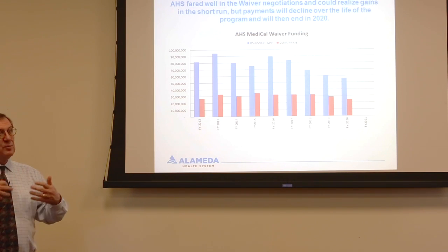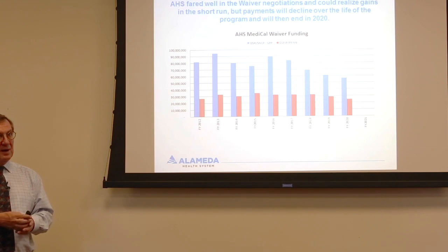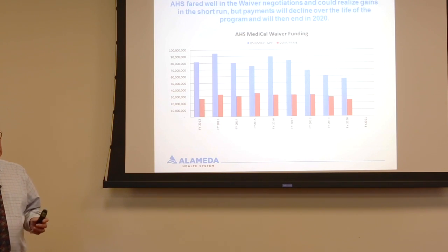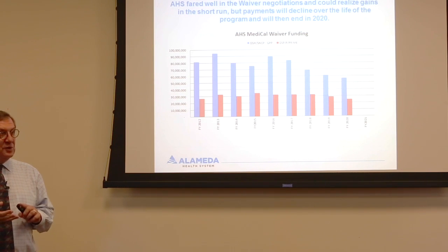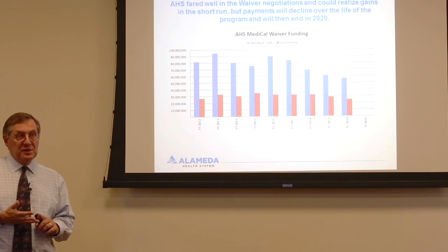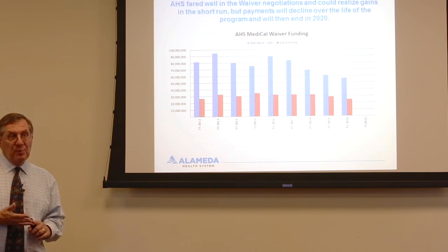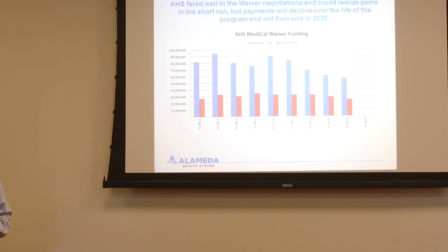Change in incentives. Before it was a block grant. But now the federal government is saying, okay, we're going to give you this money for 5 more years, but you've got to earn it. We want you to restructure your delivery system so that you can operate in a managed care environment.